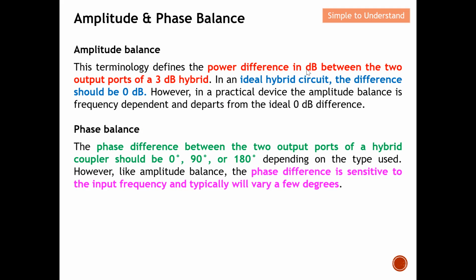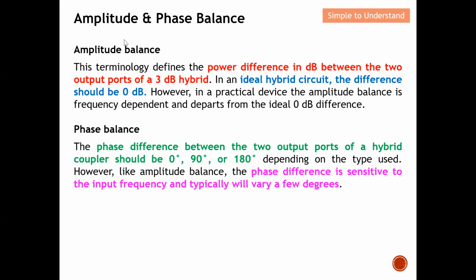In an ideal hybrid circuit, the difference should be 0 dB, which means there should not be any difference between port 2 and port 3. They should each be equal to P1 over 2, because port 1 power is split evenly to port 2 and port 3. However, in a practical device, the amplitude balance is frequency dependent and will not be 0 dB.